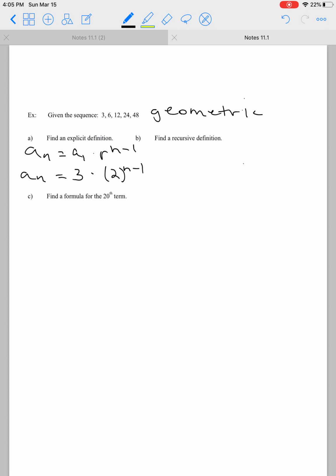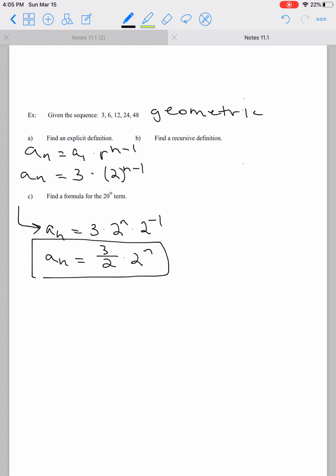And then what we will do is come down here and finish it. So 3 times, and now we'll use our exponent rules. And 2 to the -1 is a half. So that'll give us 3/2 times 2 to the n. And this would be our general form, or our explicit formula.